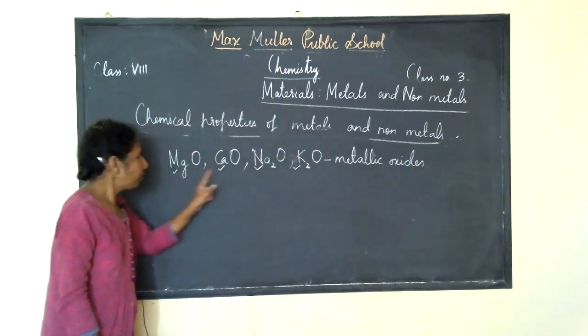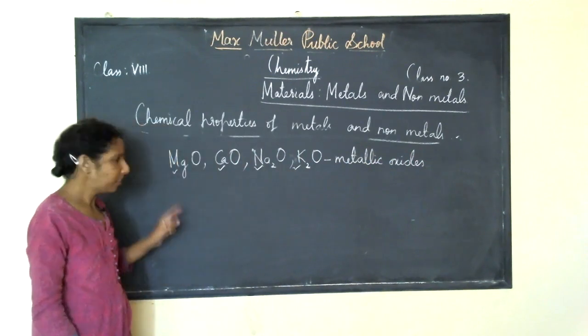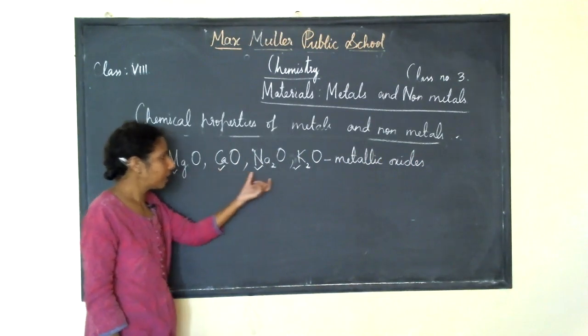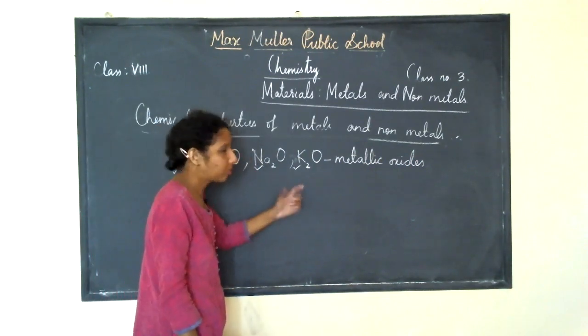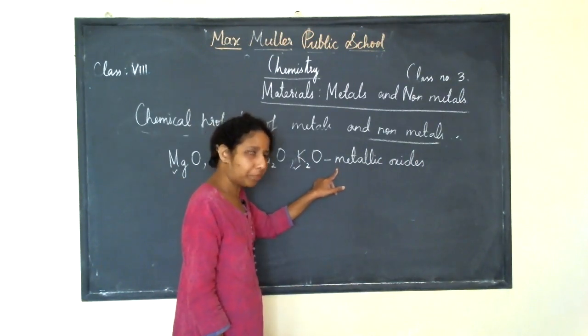Magnesium, calcium, sodium, potassium, they are metals, isn't it? So magnesium oxide, calcium oxide, sodium oxide, potassium oxide are metallic oxides. Did you people understand this?